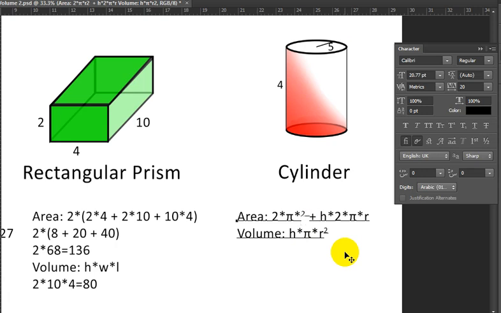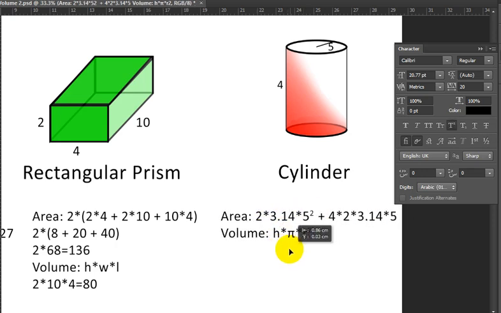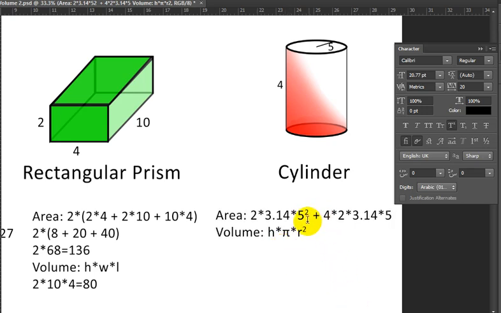So radius is 5 and the height is 4. And you should also remember that pi is 3.14. And then you would do these calculations. Also keep in mind that exponents go first. So 5 squared should go first.